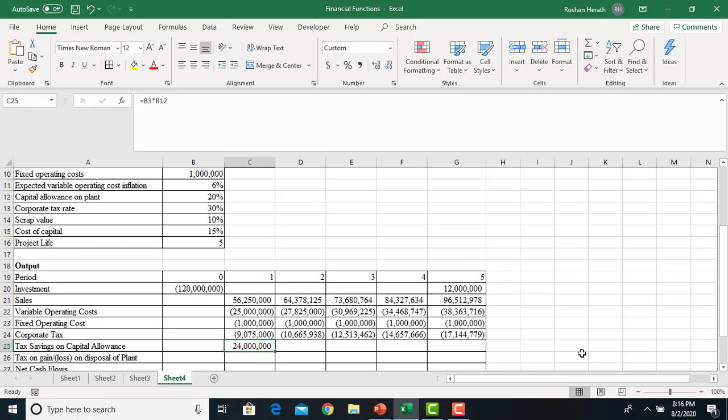Therefore, there's a saving since it's an expense. So this saving must be taken over here. Then how can you take that? Now you have to multiply this capital allowance by the corporate tax rate. Since it's a saving, take it in the positive form. So make sure that you make it constant as possible.